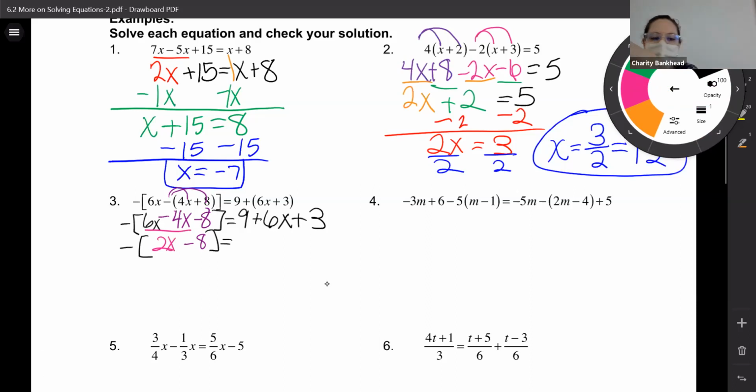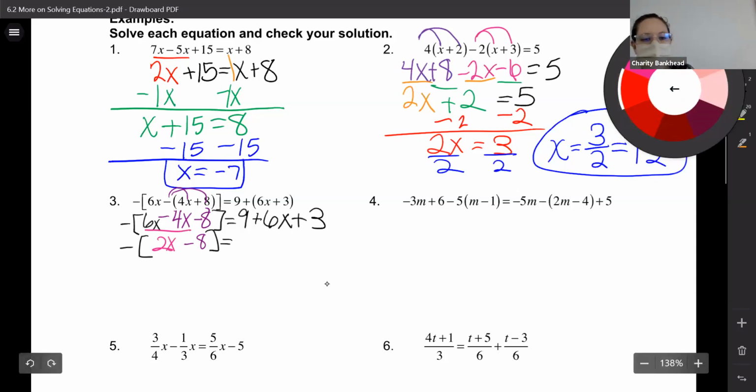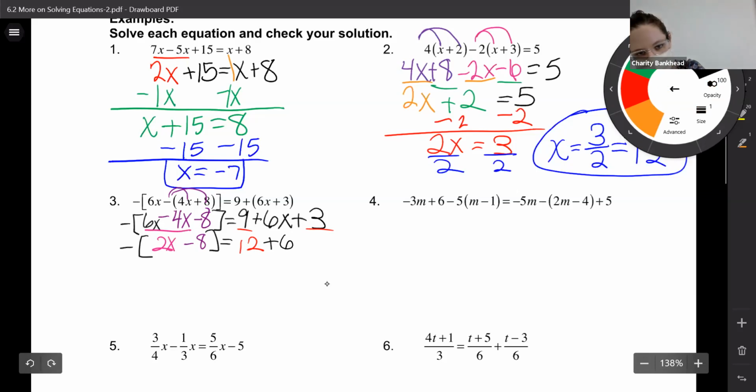On the right side of the equation, I'm going to go ahead and combine the like terms. 9 plus 3 is 12. So I've got 12 plus 6x. And then I'm going to finally go ahead and distribute the negative through the brackets. So I've got negative 2x plus 8 equals 12 plus 6x.